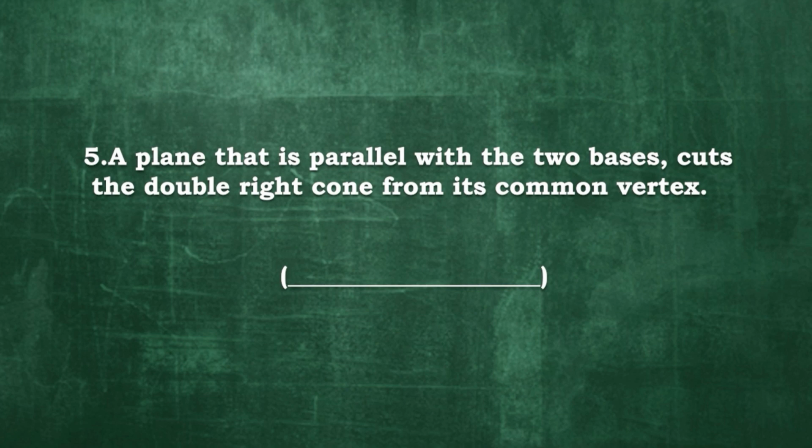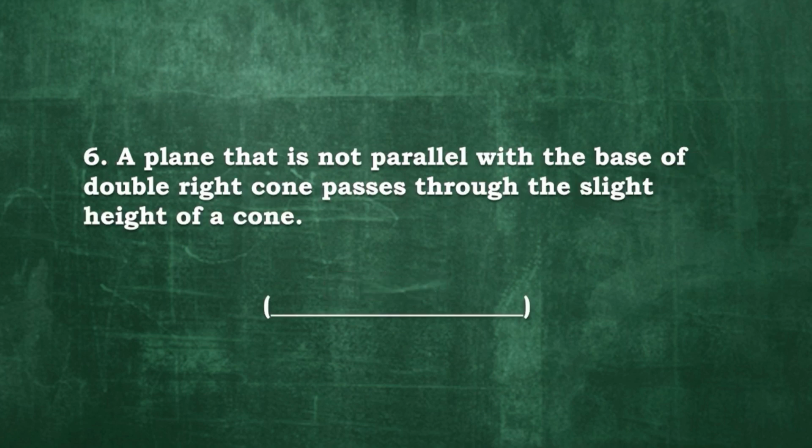Number 5. A plane that is parallel with the two bases cuts the double right cone from its common vertex. The answer is point. Number 6. A plane that is not parallel with the base of double right cone passes through the slant height of a cone.